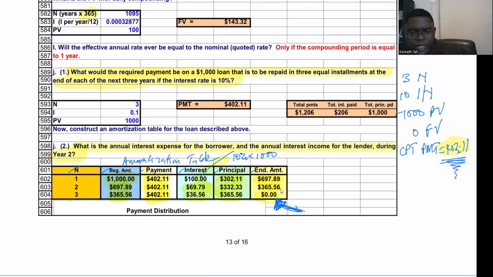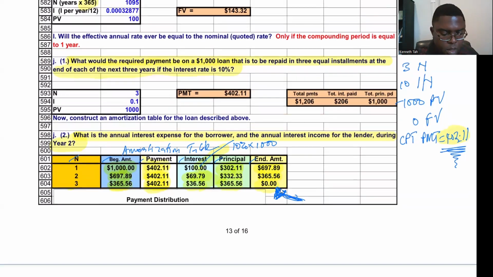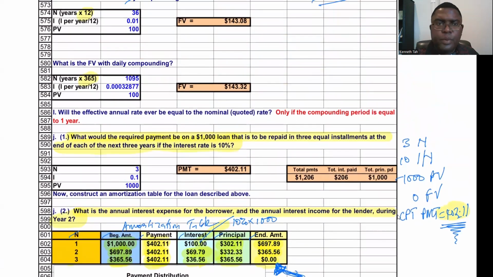So every time you take a mortgage, the bank is going to provide you an amortization schedule that shows you how this periodic payment is reducing your principal, paying interest charges, so that at the end of the life of that loan, your balance becomes 0. All right, so this is where we are going to in this chapter.